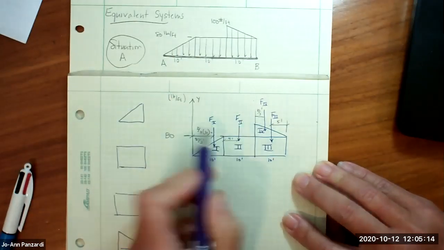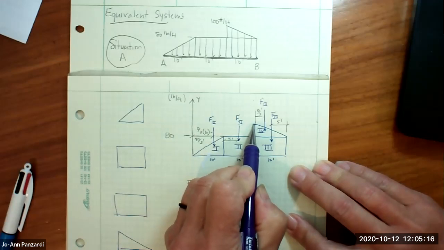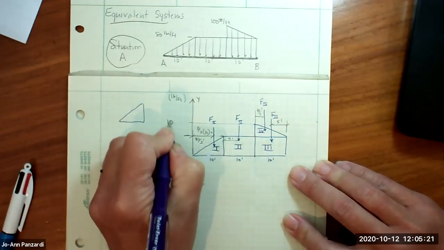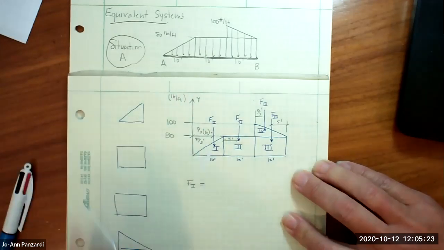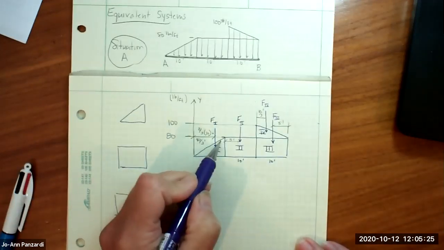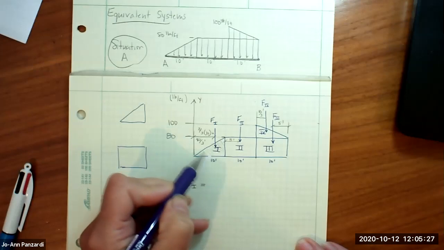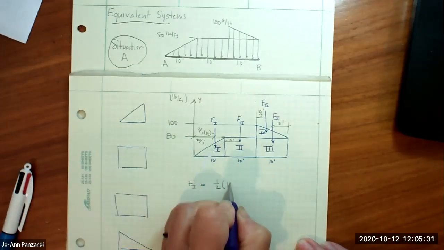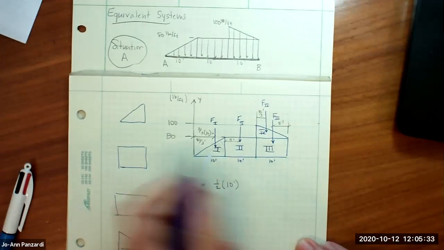And this right here is 100. So if I wanted to find the area of the first one, we know it's 1/2 base times height. 1/2 base is 10 feet, and the height is 80.